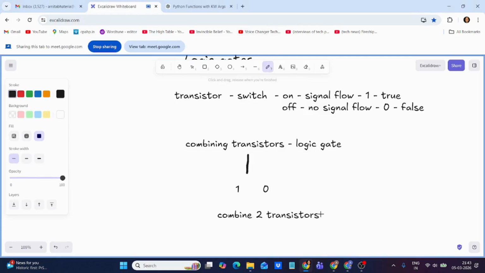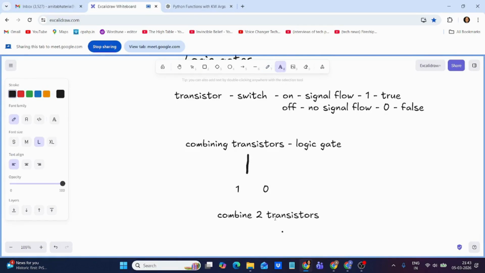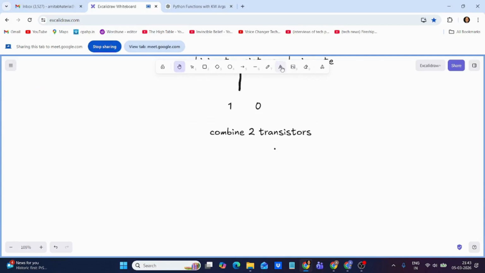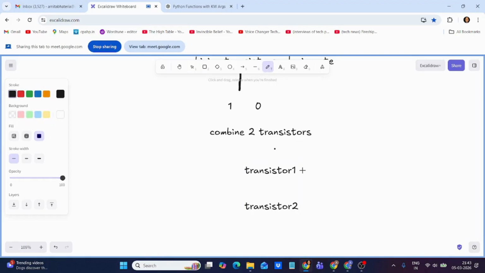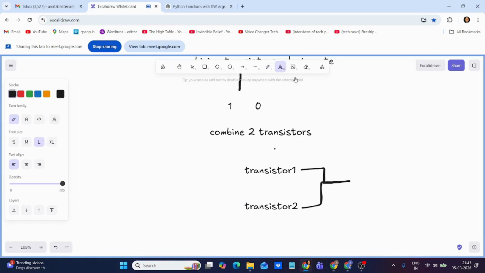Suppose we have two transistors. This is our transistor 1, and this is our transistor 2. Now when we combine these two transistors, transistor 1 and transistor 2, we form a logic gate. Got it?